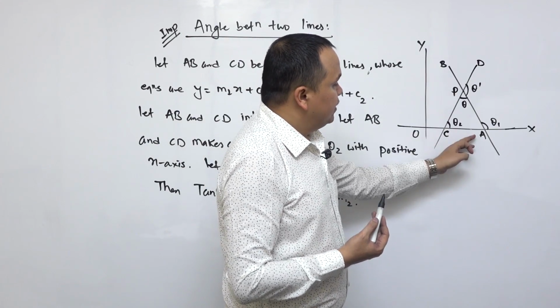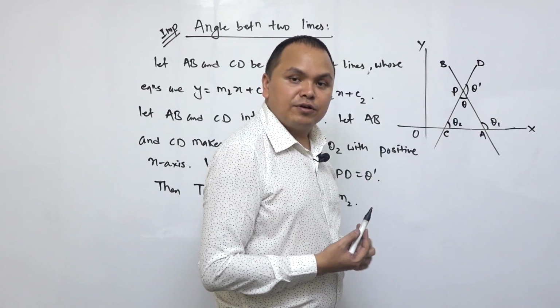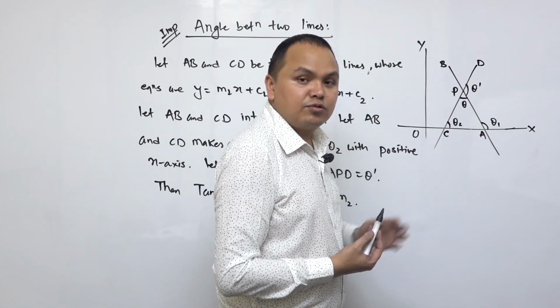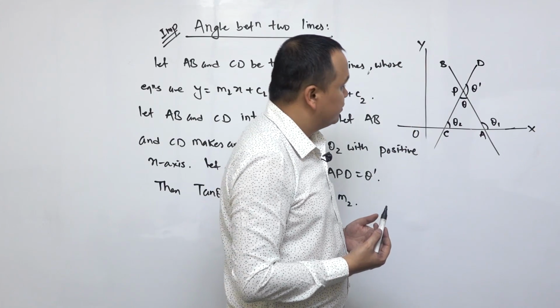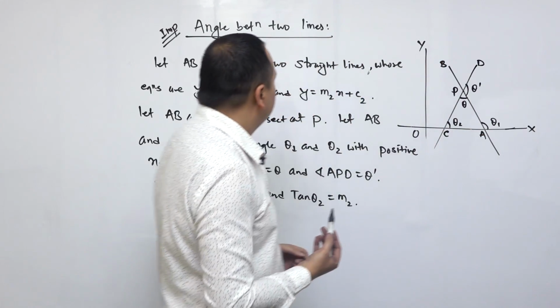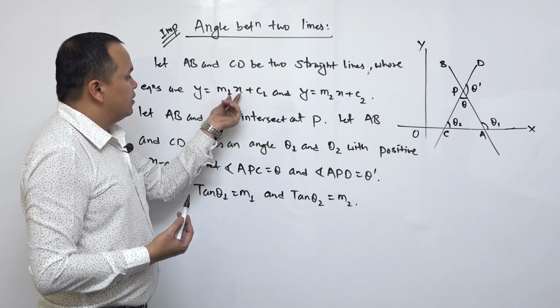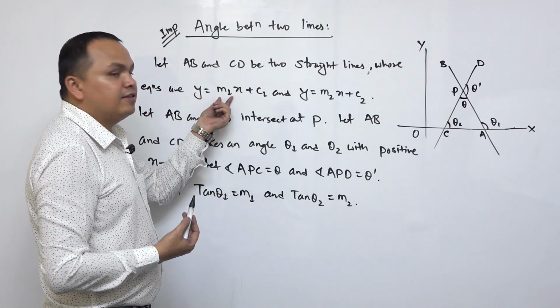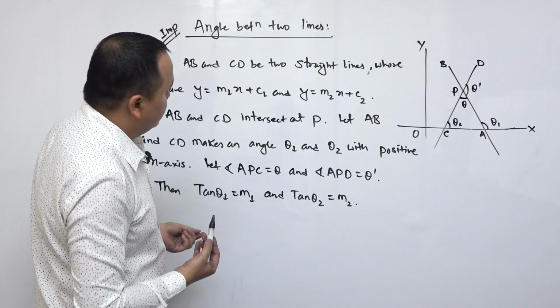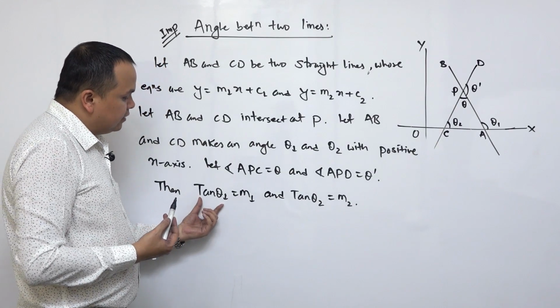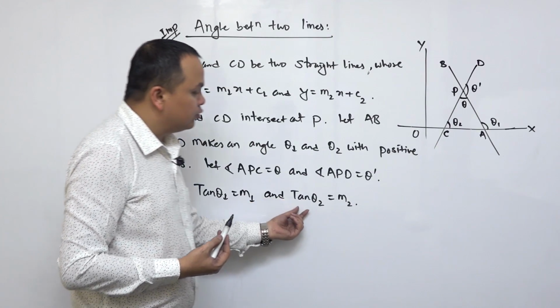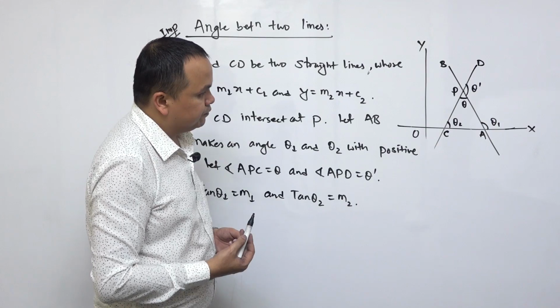Here AB makes an angle theta 1 with the positive x-axis, so tan theta 1 gives the slope of AB. But the equation of AB is y is equal to m1x plus c1, where m1 is the slope. Therefore tan theta 1 is equal to m1 and tan theta 2 is equal to m2.